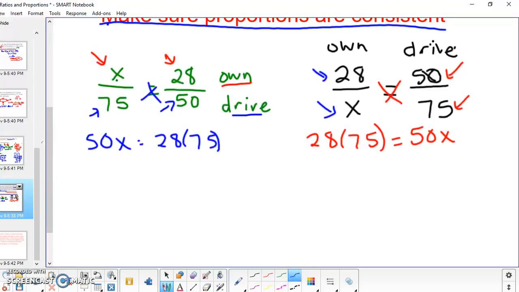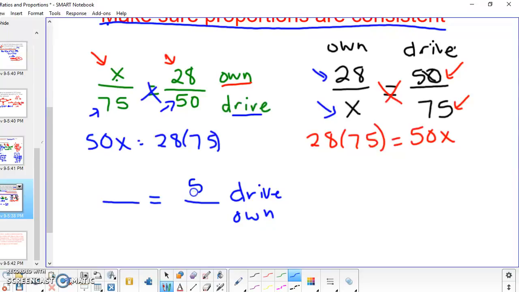So I could put people who drive on top, and people who own on the bottom.